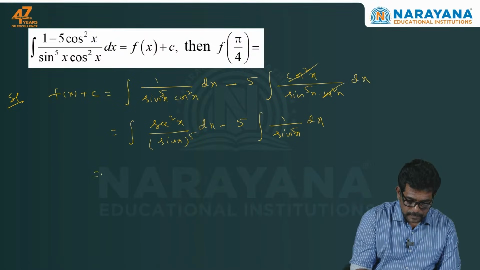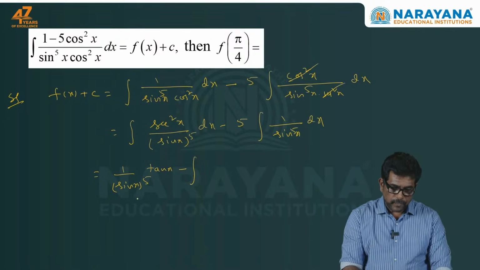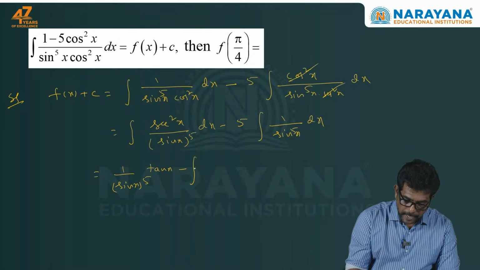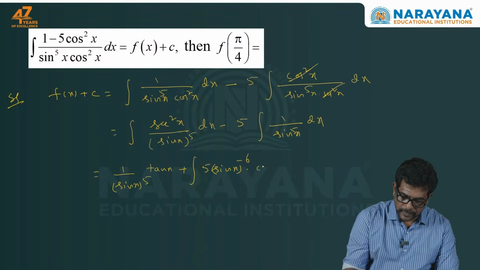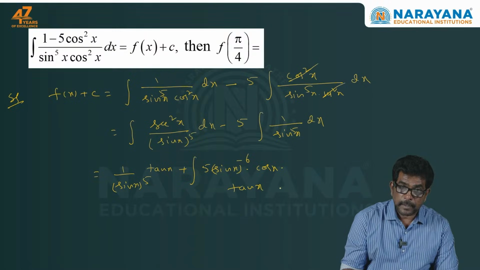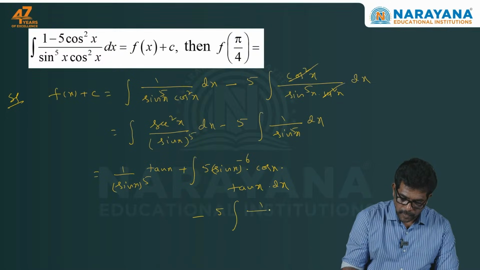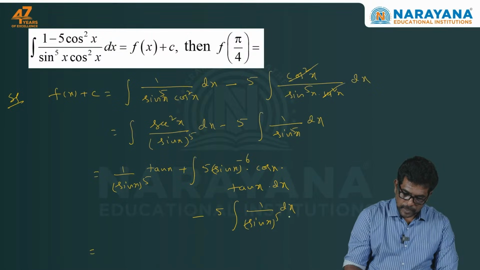This becomes 1 by (sin x) whole to the power of 5 into integral secant square x dx, which is tan x, minus integral of the derivative of 1 by (sin x) whole to the power of 5, which becomes minus 5, that becomes plus 5 times (sin x) whole to the power of minus 6 into the derivative of sin x, which is cos x, into tan x dx, minus 5 times integral 1 by (sin x) whole to the power of 5 dx. And plus c we are writing here.